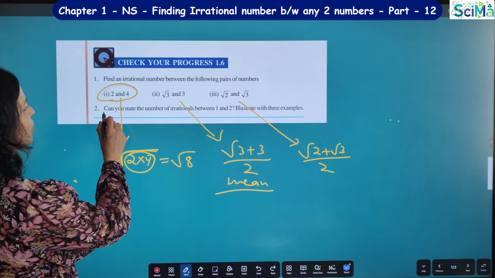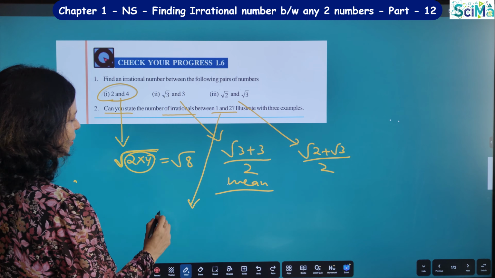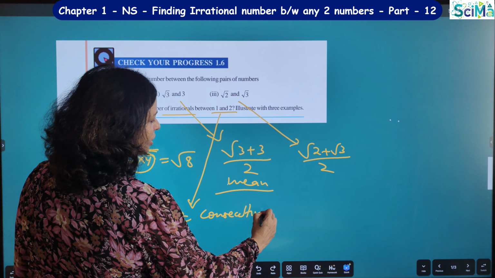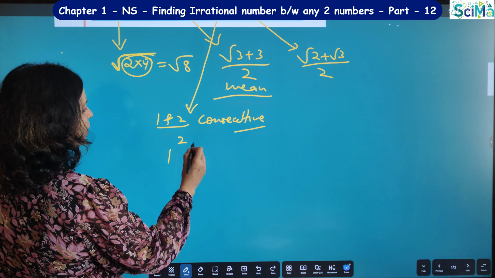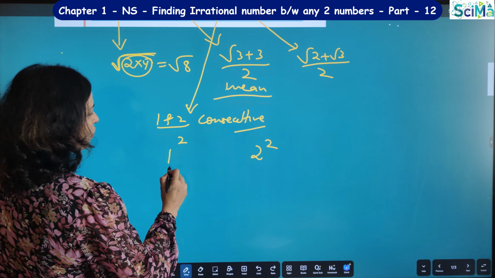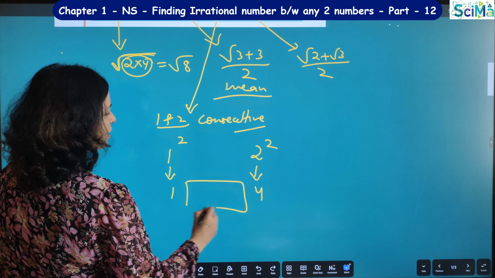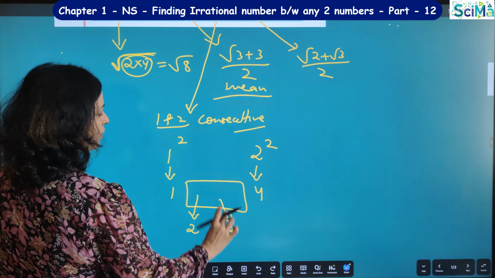Okay. Second question, can you state the number of irrationals between 1 and 2? Here also, between 1 and 2, they are consecutive numbers, right? So between consecutive numbers, what you can do is take 1 square and 2 square. What is 1 square? 1. 2 square is 4. So between these, you can write the numbers 2 and 3.